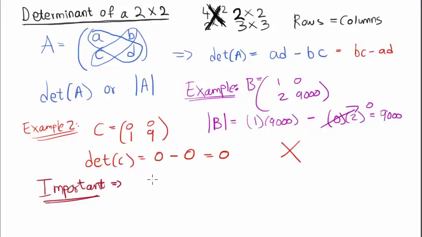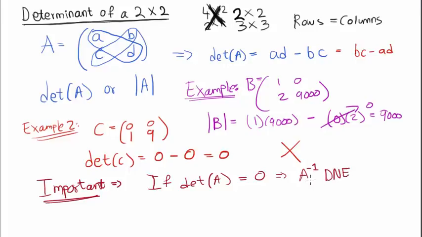If the determinant of a matrix A is equal to 0, then we say that A is not invertible, meaning we cannot take the inverse of A. So A inverse does not exist.